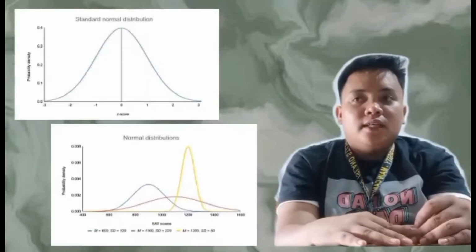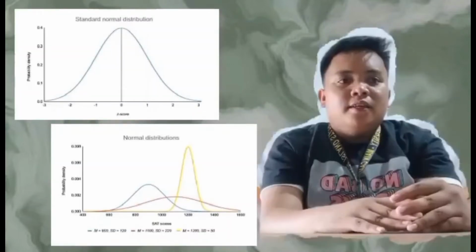While individual observations from a normal distribution are referred to as X, they are referred to as Z in the Z distribution. Every normal distribution can be converted to the standard normal distribution by turning the individual values into Z-scores.